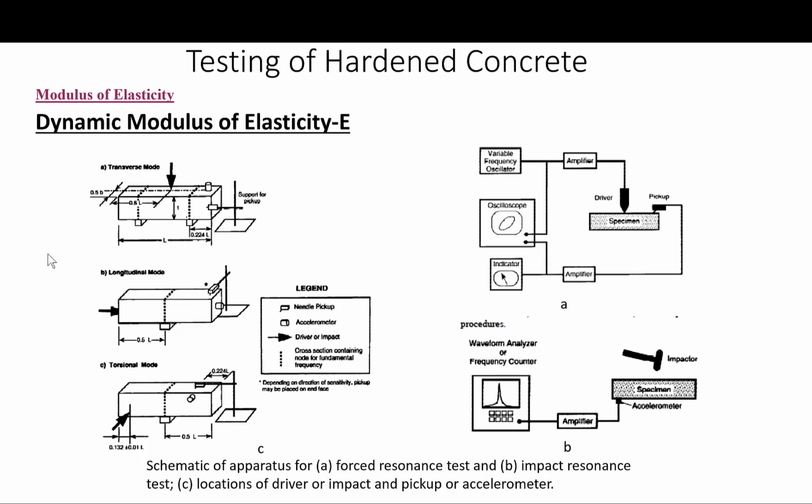Meaning, for transverse vibration, as you can see here, it is supported at points 0.224 of its length from each end. For longitudinal or torsional vibration, it is supported at its center, as you can see in these two figures.